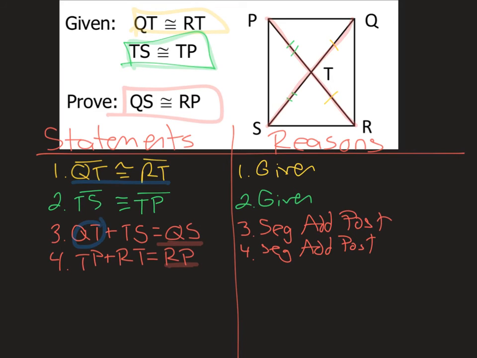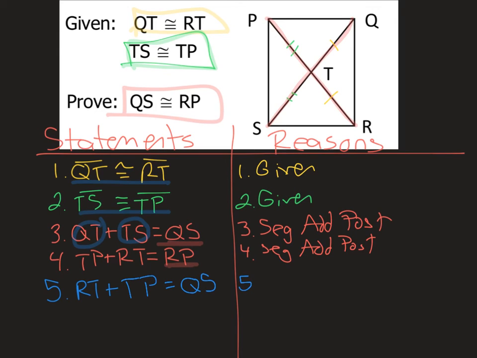So I'm going to plug in RT right here. I'm going to have RT plus, now looking elsewhere, here we have TS congruent to TP. So I'm also going to make a substitution here to substitute in TP for TS.